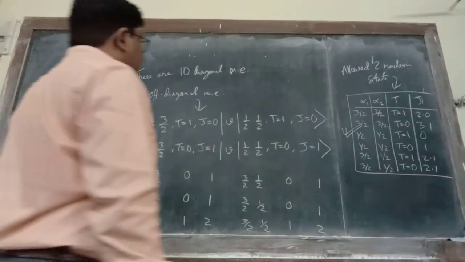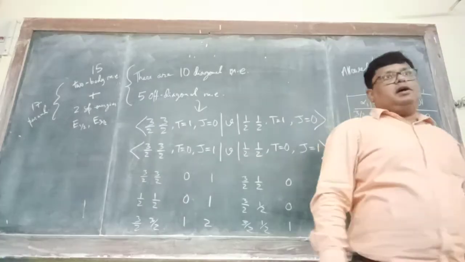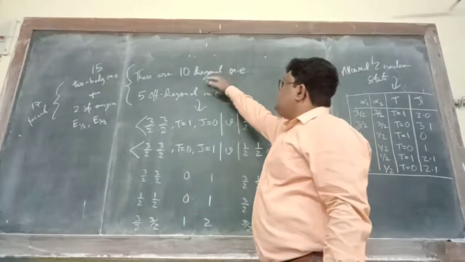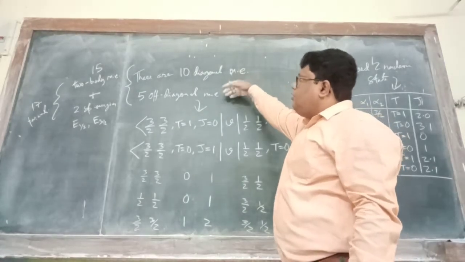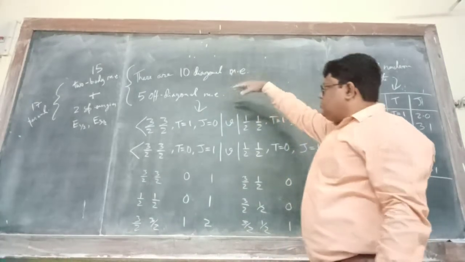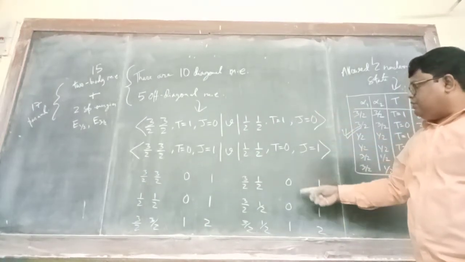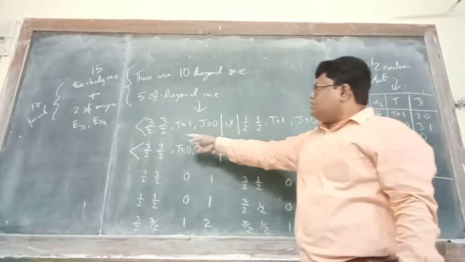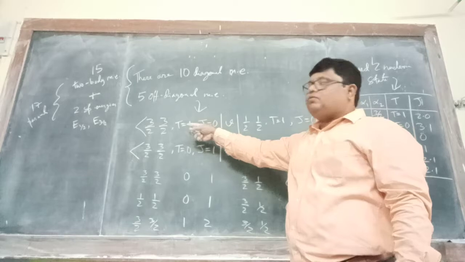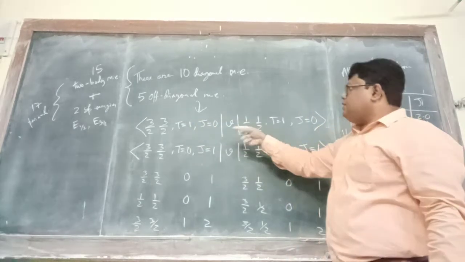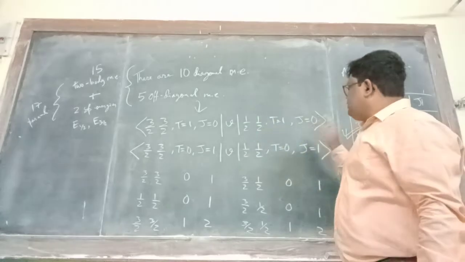Okay, so these are the allowed two nucleon states, and with this you see here we have 10 diagonal matrix elements and the following 5 off diagonal matrix elements. I have written here the off diagonal ones. So the first one, alpha alpha, 3/2 3/2, T equal to 1, J equal to 0, with V off diagonal to 1/2 1/2, T equal to 1, J equal to 0.